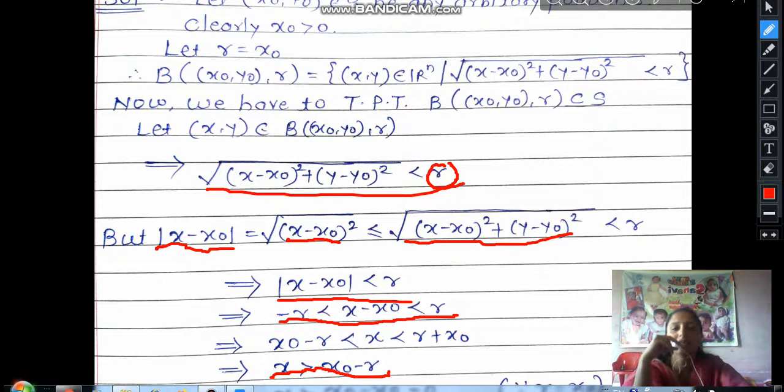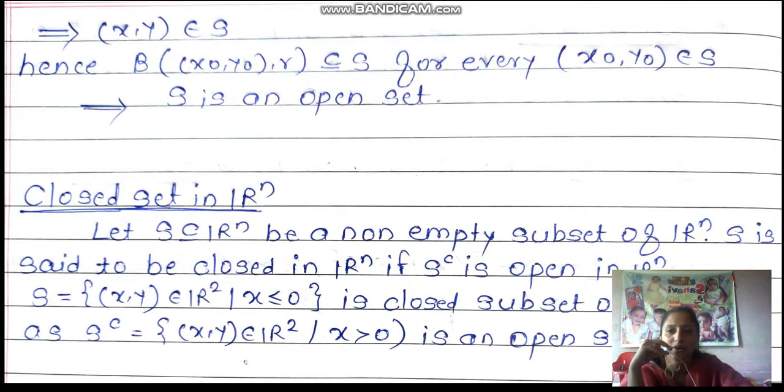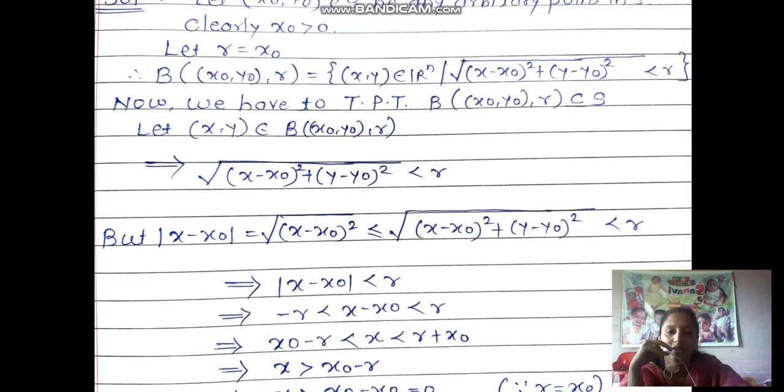Therefore, the point (x, y) belongs to S. Get it? No? Okay. Last line of that, x is greater than x0 minus r. But what is the value of r? r is equal to x0. So substituting r equal to x0, we get x is greater than 0.